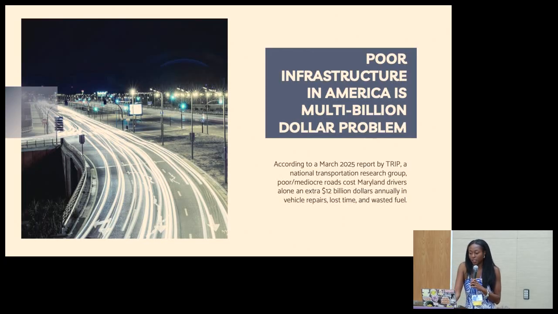But poor infrastructure in America is a multi-billion-dollar problem. So hitting a pothole could cause your car to need an alignment afterwards. And if you were to multiply this problem by thousands of drivers every day across every city in the country, we run into this huge issue. So bad road conditions aren't just an inconvenience, they're a multi-billion-dollar problem.